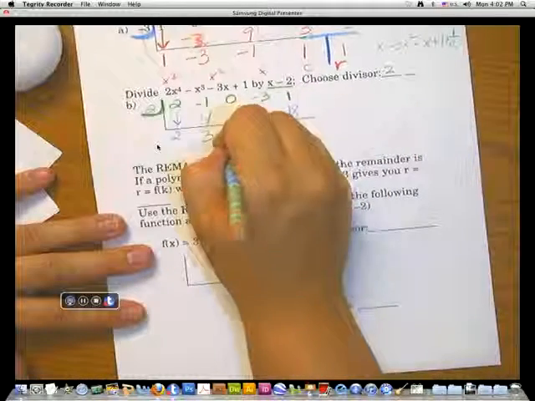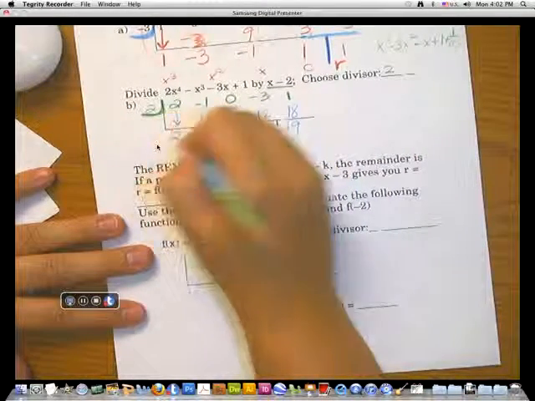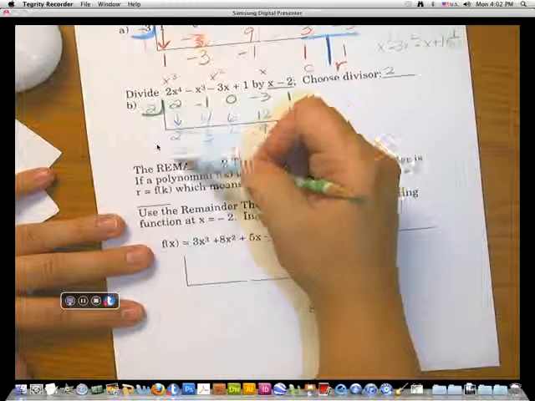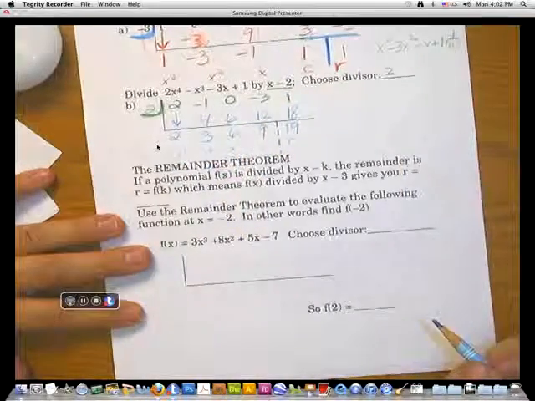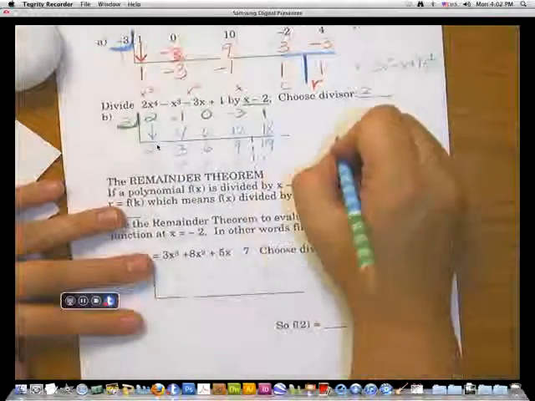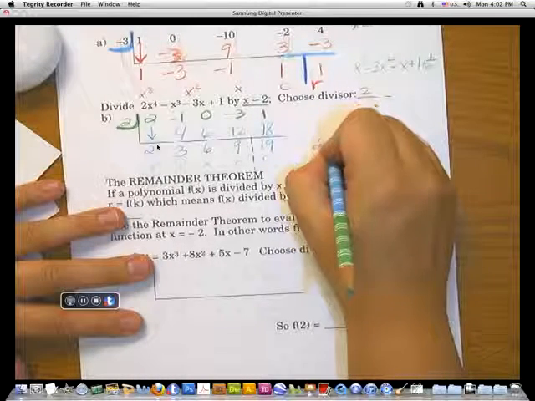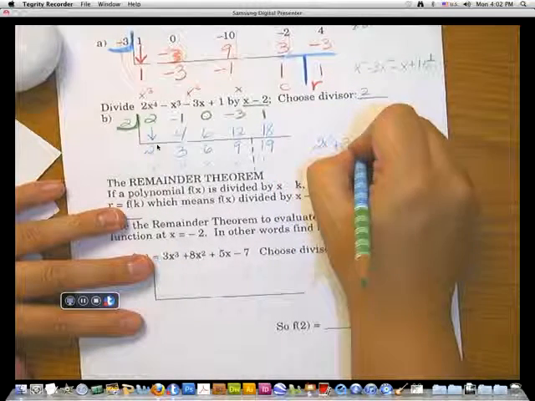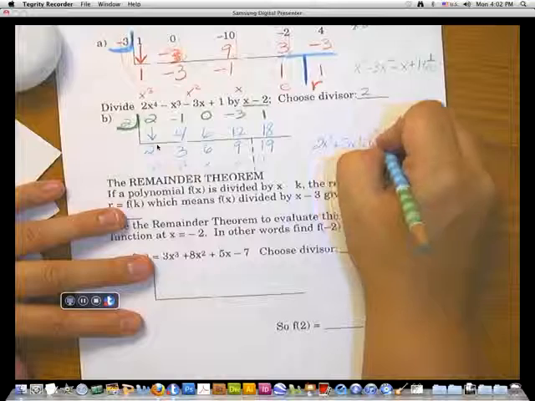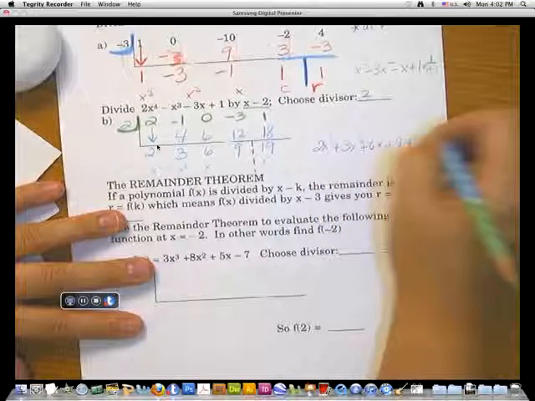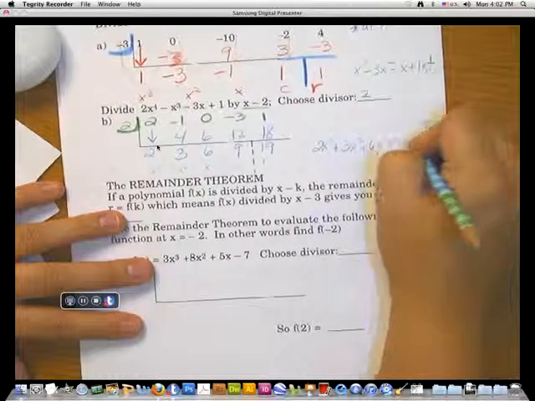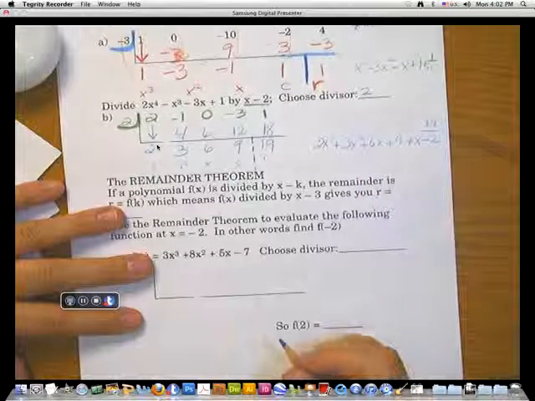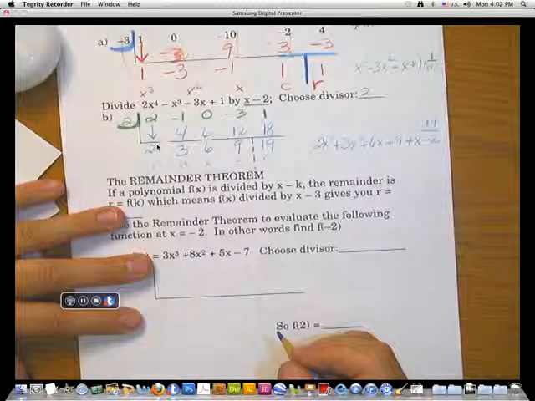Remainder, constant, single, square, cubed, or it's always starting one less than my original. So my solution to this is 2x cubed, 3x squared, 6x plus 9, plus my remainder over my divisor of x minus 2.